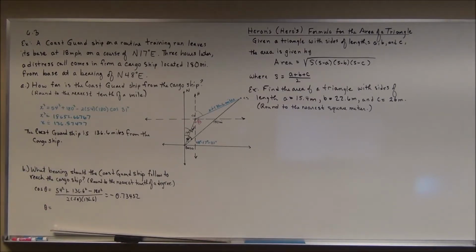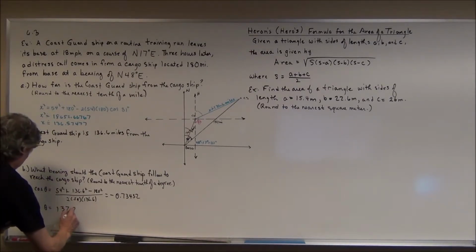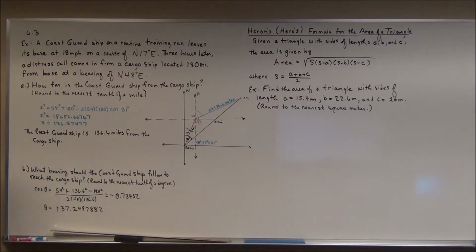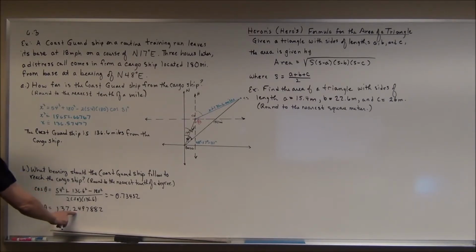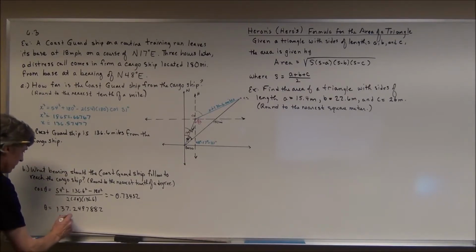So now I'm going to take the inverse cosine of this to figure out what theta is. Well, theta would be, let's see, inverse cosine, grab that calculator, negative 0.73432, and I get 137.2497882, or to the nearest tenth, just barely, you round down to 137.2.